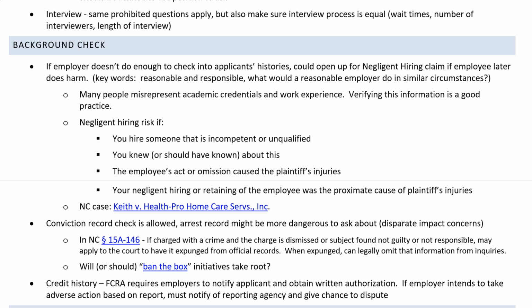And when expunged, I could legally omit that information from any kind of inquiry, whether that be on a job application or during an interview. I can legally just not say anything about it because it's been expunged, but there's a process that I have to go through.